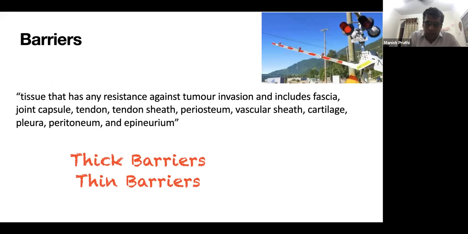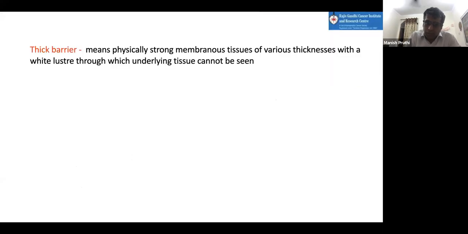So based on this, they divided the barriers into thick barriers and thin barriers. And so what is a thick barrier? A thick barrier is a physically strong membranous tissue of various thicknesses with a white luster through which underlying tissue cannot be seen. Like, suppose when we are operating, we are seeing a barrier and we cannot see what is beyond that barrier. It is called a thick barrier.